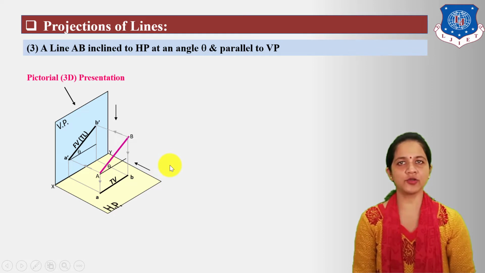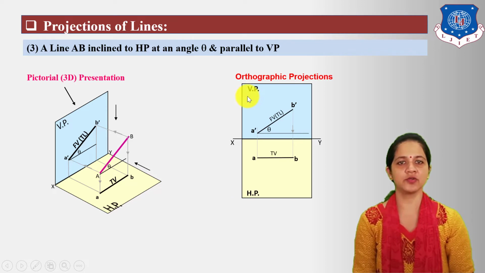Now for orthographic projection drawing with reference to XY, we need to rotate the horizontal plane in clockwise direction up to a 90-degree angle. So you can see here the position of horizontal and vertical plane with reference to XY after rotation of the horizontal plane.